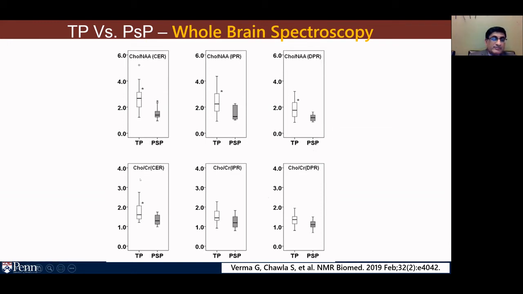Similarly, we also observed significantly higher choline to creatine ratio from the contrast enhancing region in TP compared to PSP. Although we had trends of higher choline to creatine ratio from the IPR, immediate peritumor region, and distal peritumor region in TP compared to PSP, they were not statistically significant.